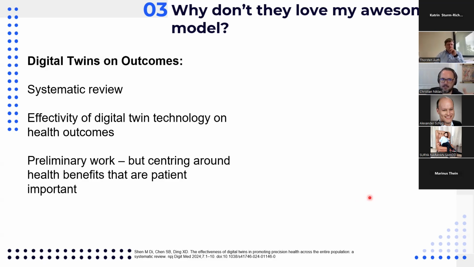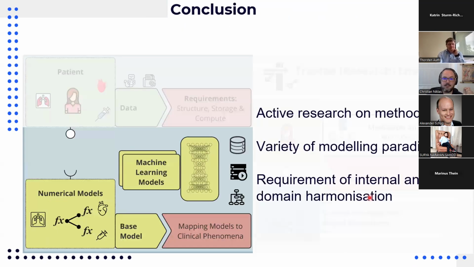So I'll sum up the key points that I made or tried to make to you. It's an active field of research, so it's only starting off right now. The variety in modeling paradigms is daunting, so you have to be clear what you are actually looking into. But there are very promising approaches, especially at the borderline field between machine learning and numerical modeling.